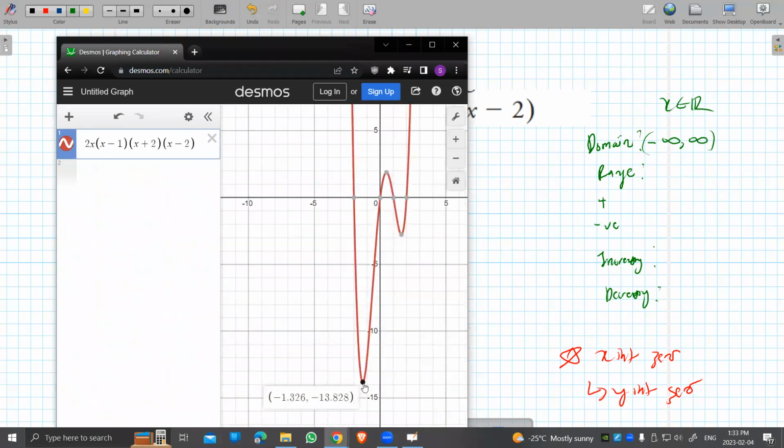If you look at the y value, what would be the range of this function? Greater than or less than?